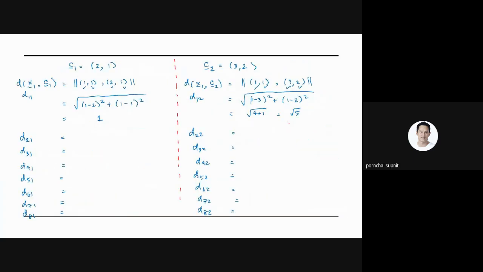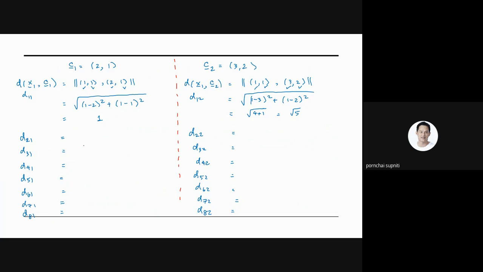So what do I get as D21 and D22? Anyone? How about D31 and D32? What do you get?